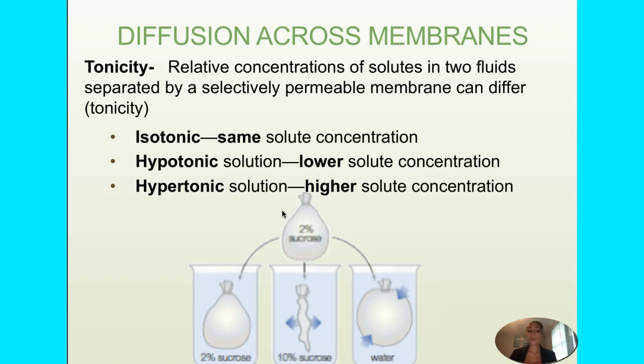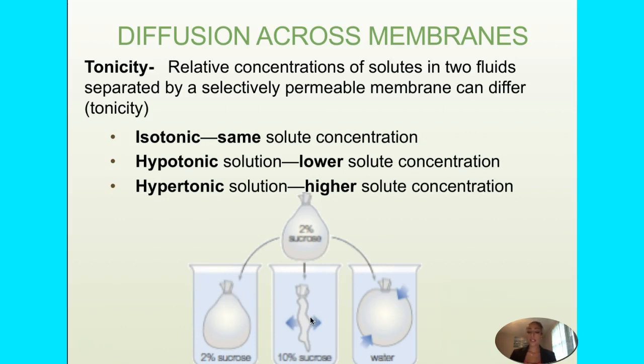Okay, so if it has 2% sucrose inside, and over here in the solution that you're putting it in, the beaker actually has 2% sucrose as well, that would be considered you're putting the cell in an isotonic environment, basically meaning the same solute concentration in the cell as outside the cell. So this is considered an isotonic environment, so they're the same.